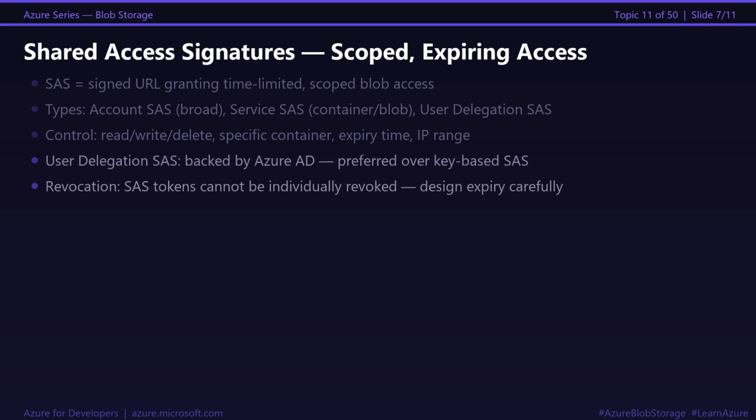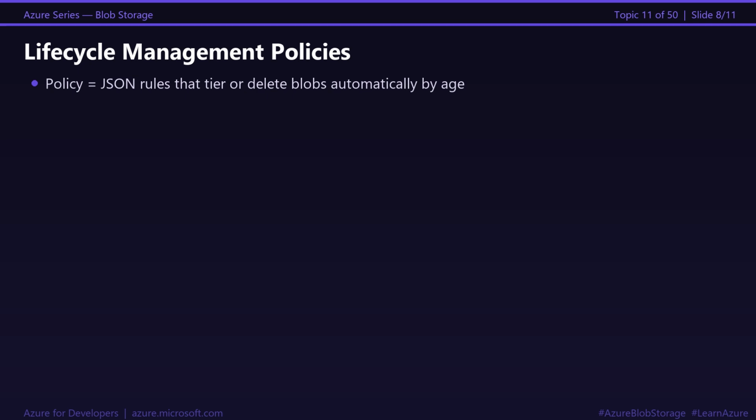A shared access signature is a URL with a cryptographic signature appended to it that grants specific, time-limited access to a blob or container. The signature proves the request was authorized by someone who had the account key or Azure AD credentials at the time the SAS was generated. The most important distinction is between Service SAS, Account SAS, and User Delegation SAS.